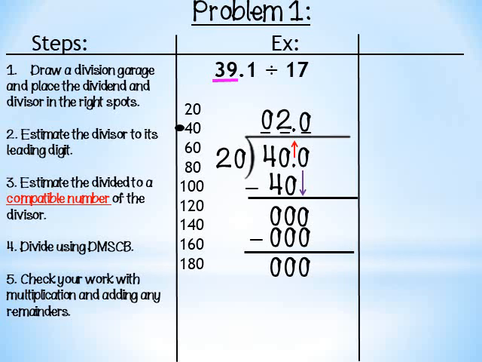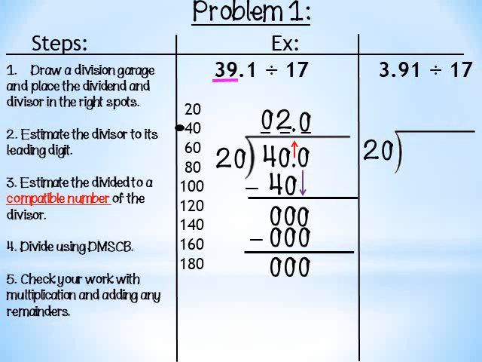Now we're going to see a problem that looks very similar, except the decimal's in a different spot. Instead of 39.1, it's going to say 3.91. We already know that we're going to make our garage, and we already know that 17 rounds to 20. Since we skip counted off to the side already, we just look at that.